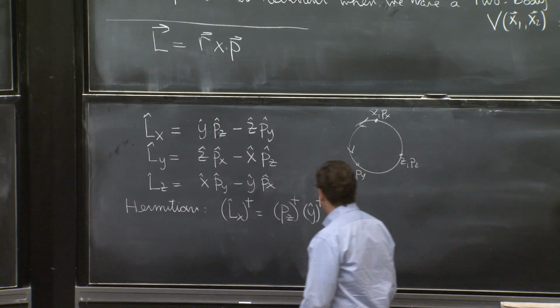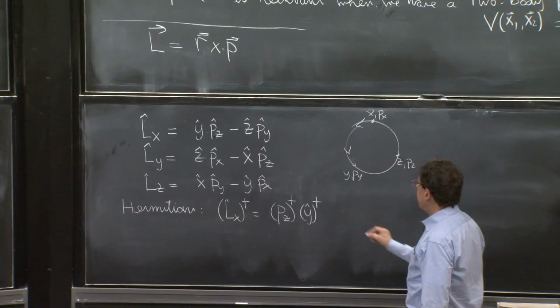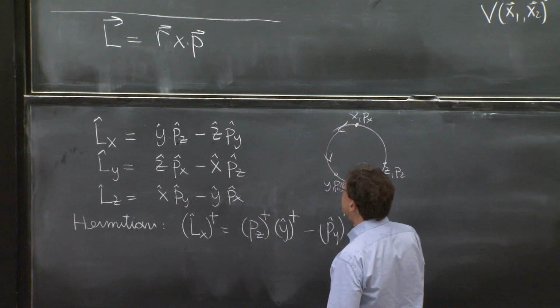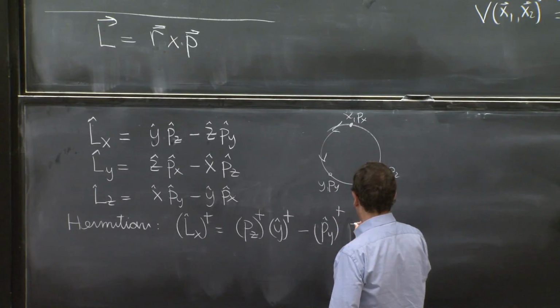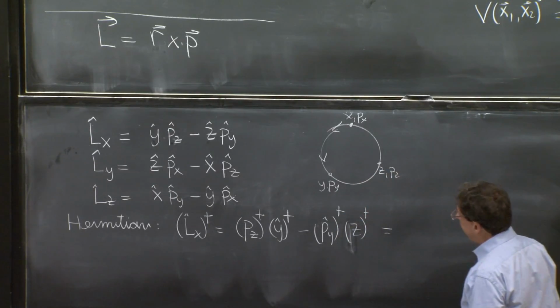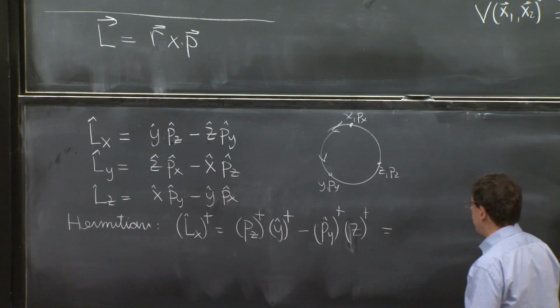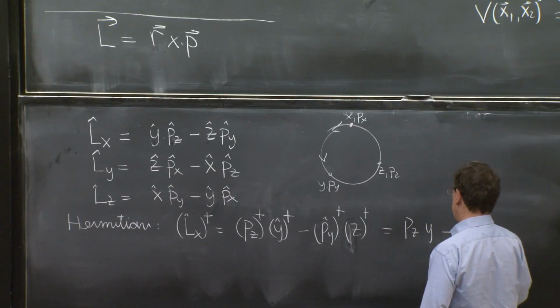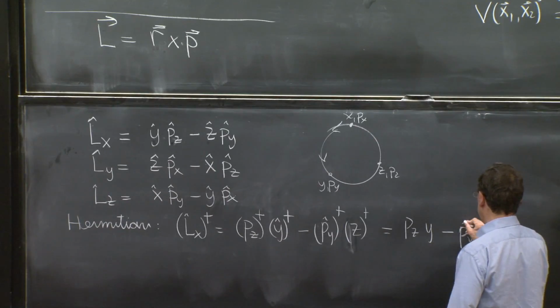Recall the dagger changes the order, minus py dagger, z dagger. Now, the p's and x's are all Hermitian operators, so this is pz y minus py z.